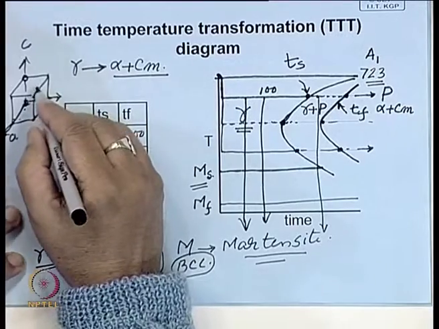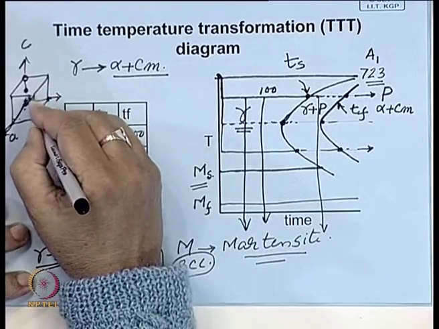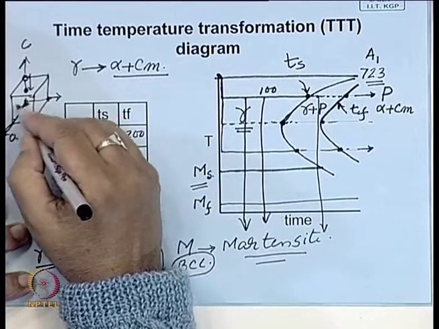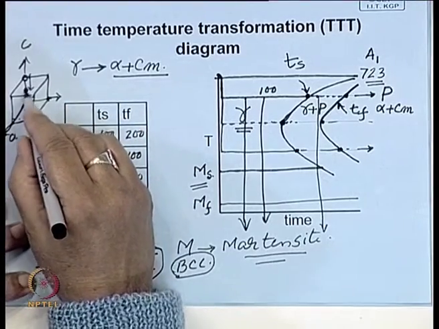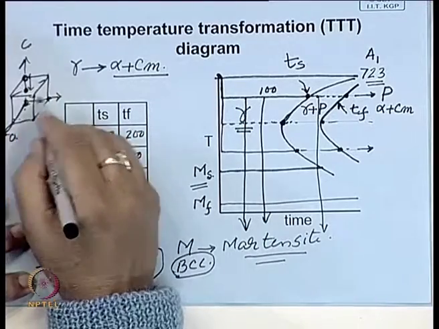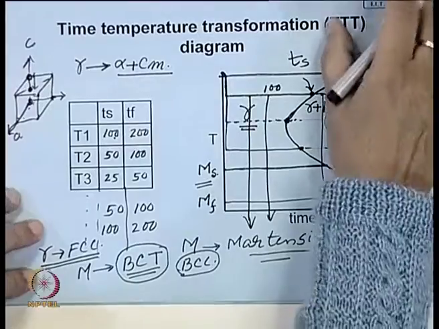Now, here if your carbon atom is over here, if it pushes this apart, in the other directions it has enough space to accommodate, but in this direction the gap is shorter.